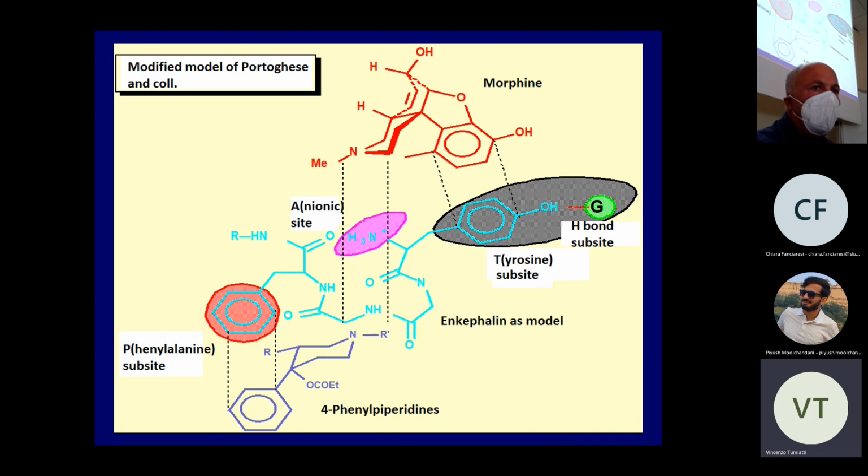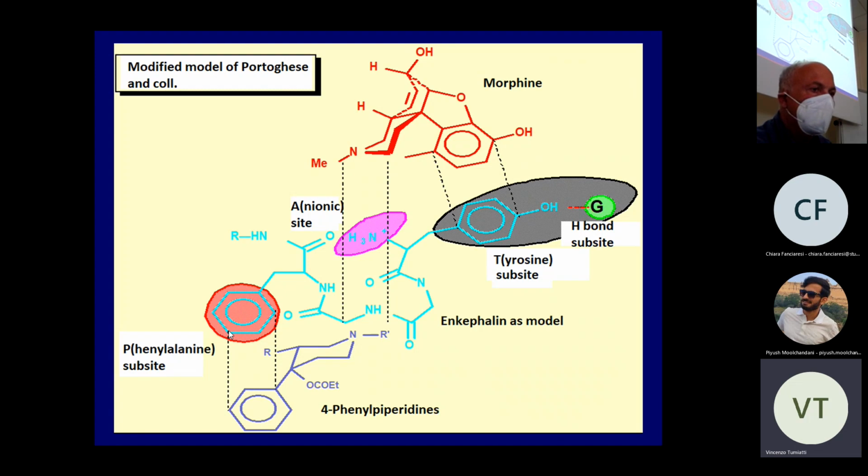Because enkephalins, if you remember, are formed by 2 aromatic amino acids. The first one is a tyrosine with an OH. There is a spacer formed by 2 glycine. And then there is a phenylalanine residue. Phenylalanine has not an OH on the aromatic ring.